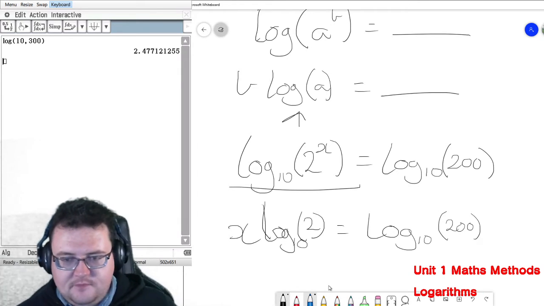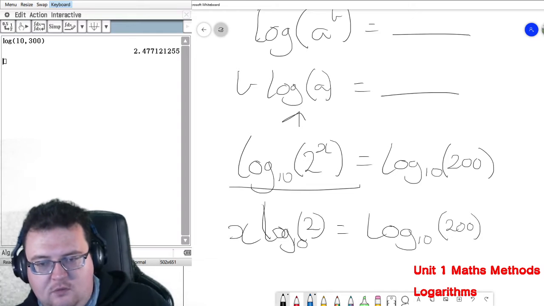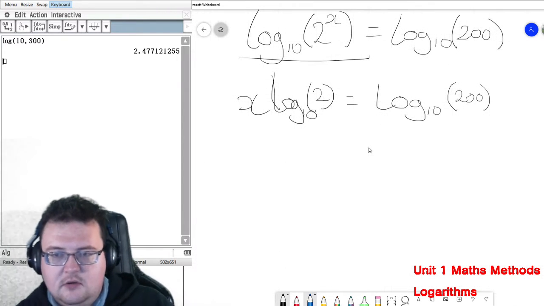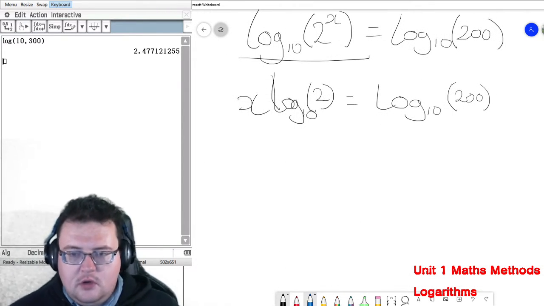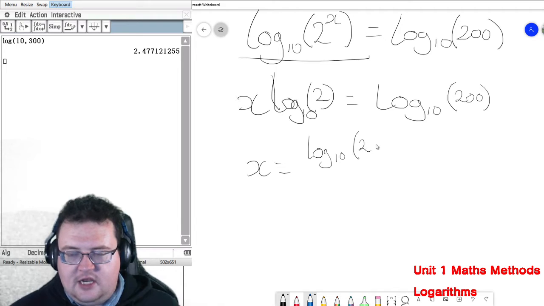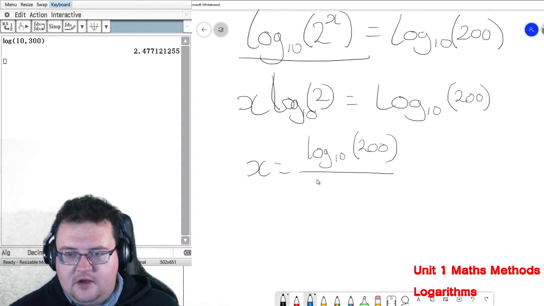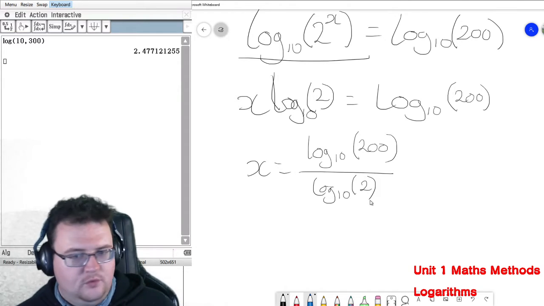And we can divide both sides to solve it. So I can then go, okay, we'll divide both sides by log 2, and I can get the answer of x equals log 10 of 200 divided by log 10 of 2.